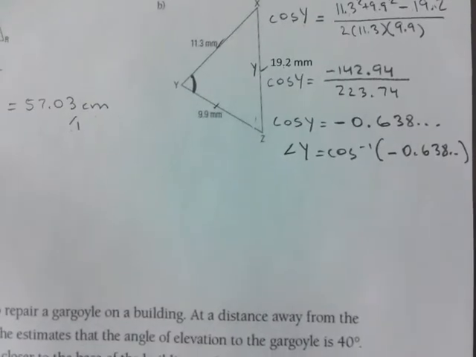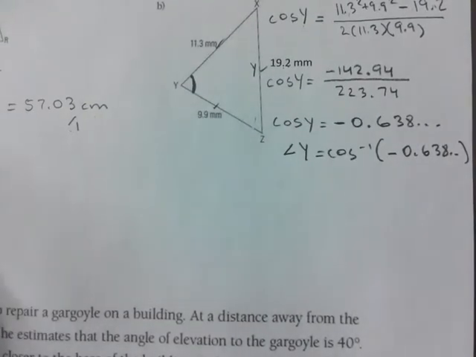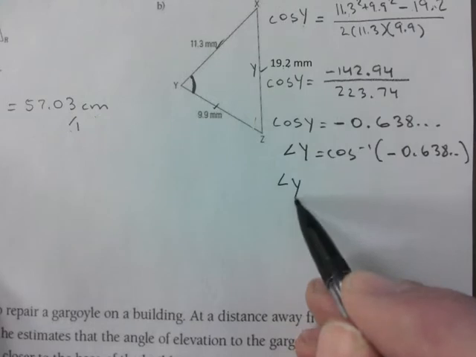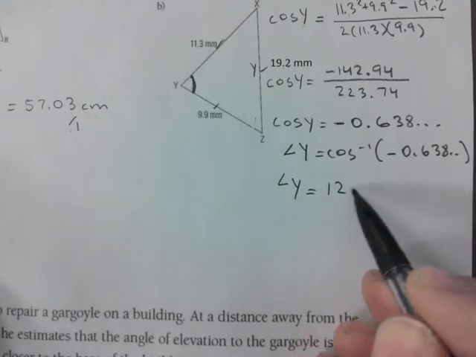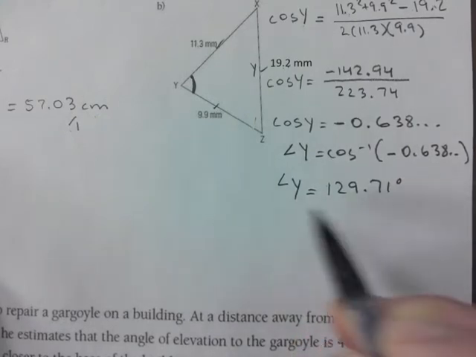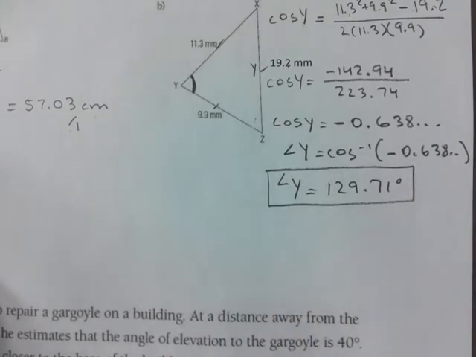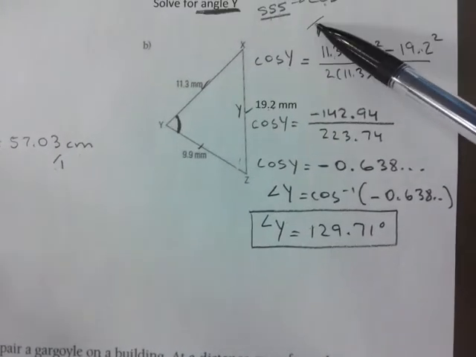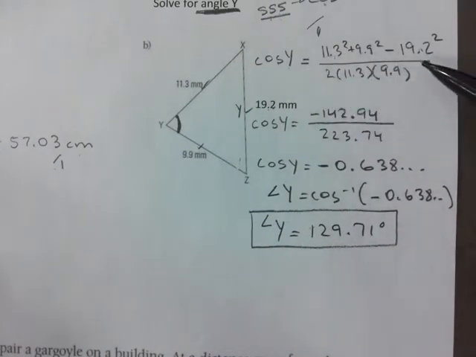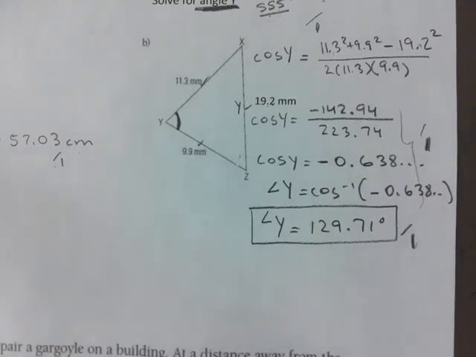That if there's a negative, I'm expecting an obtuse angle, which means it's greater than 90. So I get 129.71 degrees for my final. And so let's go back to marks. 1 mark for using cosine law and setting it up properly. 1 mark for the work that goes with it, and 1 mark for the correct final answer. So 3 marks for B.